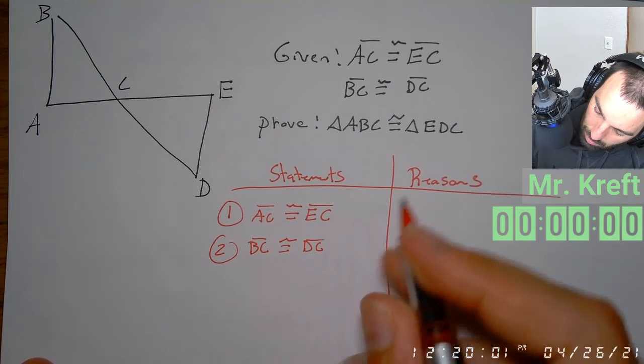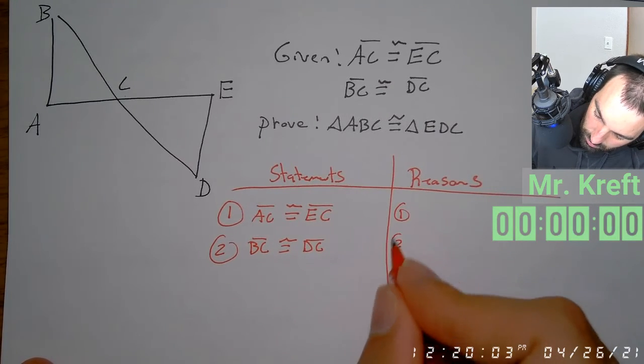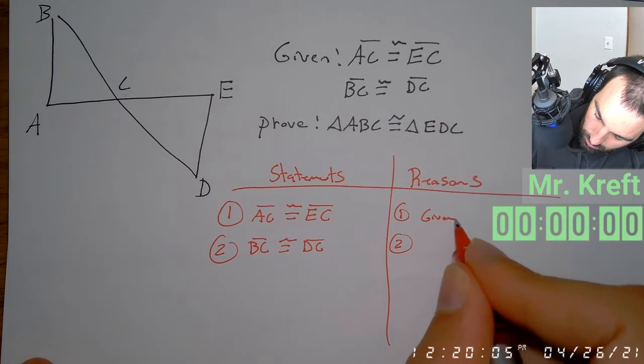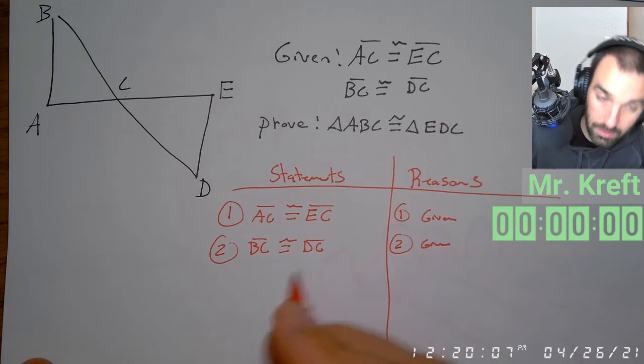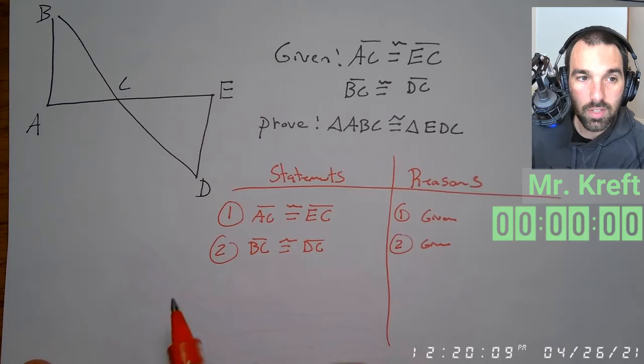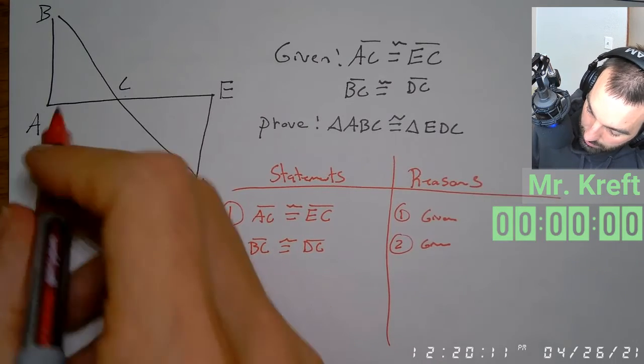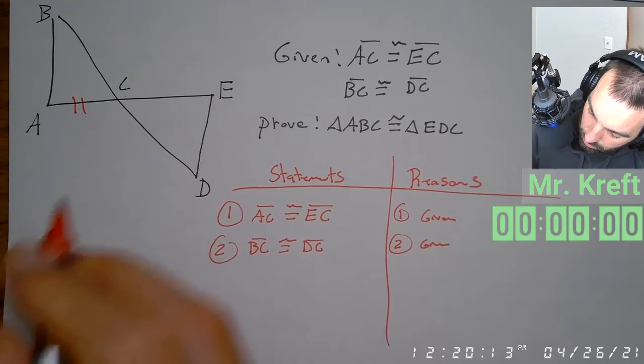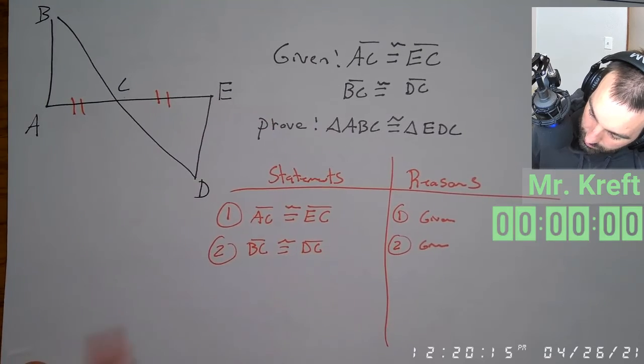Given. Then I'm going to update my diagram. So I have segment AC is congruent to segment EC, and segment BC is congruent to segment DC.